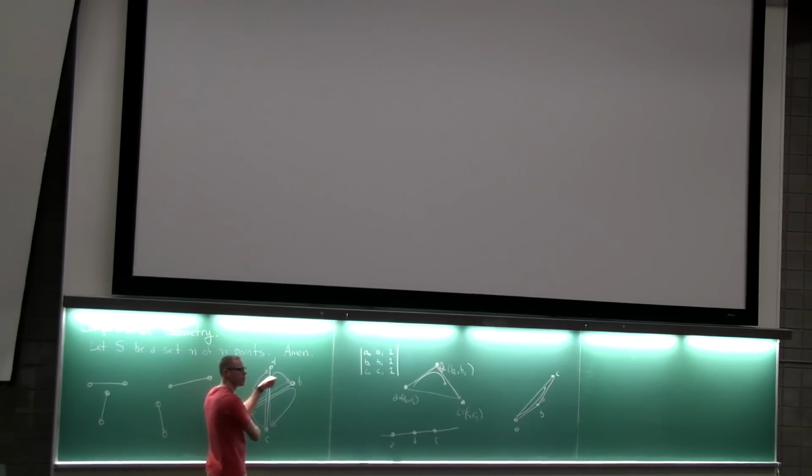We could just switch the labels here, and they would be counterclockwise. So you can detect crossings between line segments using this right turn test.